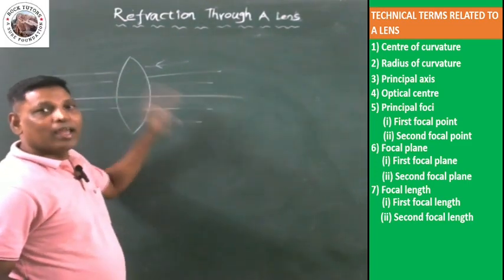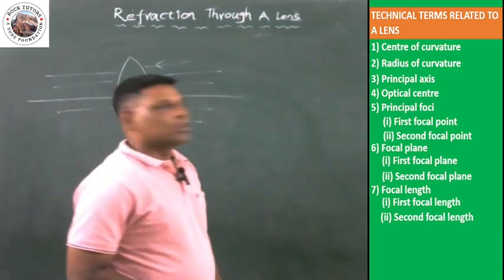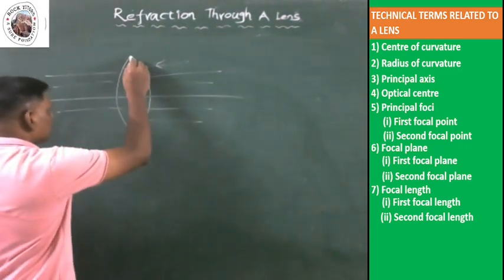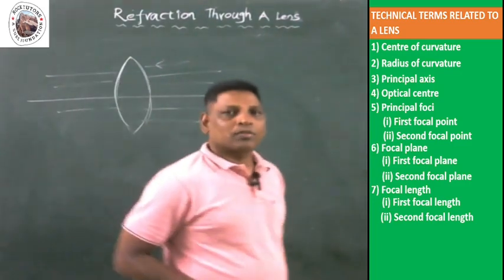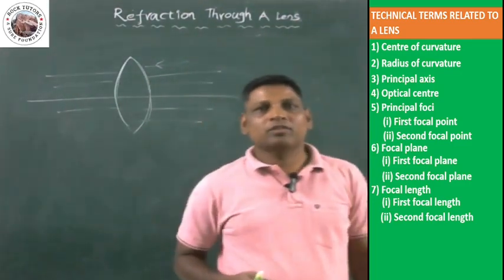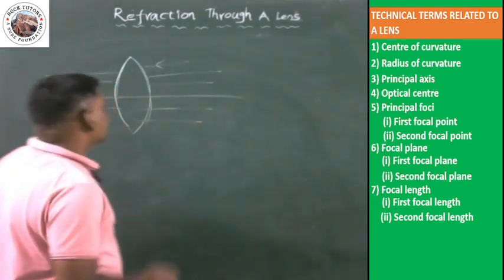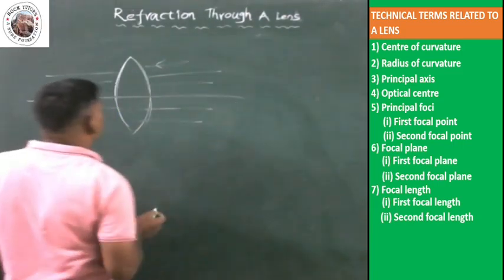Yes or no? They can fall on either side. So that's why this lens has two foci.